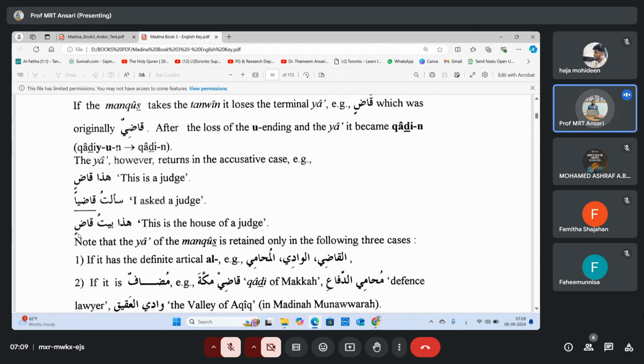But in mansub form, sa'altu qadiyan, the ya is retained and takes its actual position in the mansub form. Sa'altu qadiyan, I asked the judge. Note that the ya of the manqus is retained only in the following three cases.